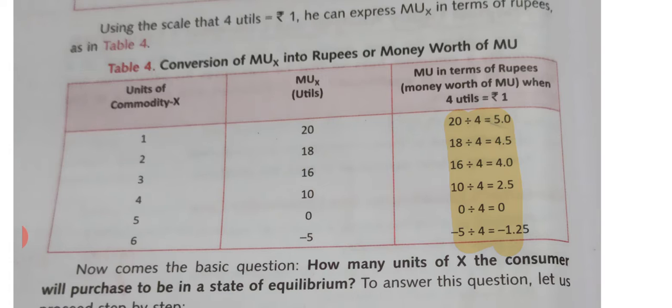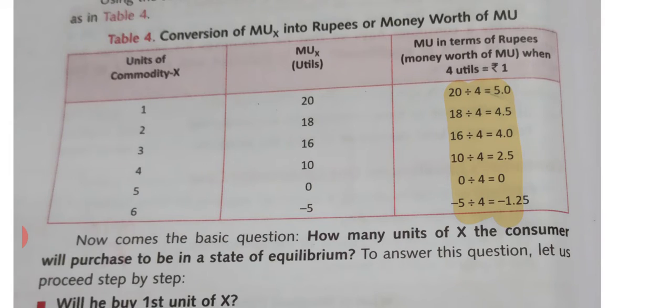Here you are spending 4 rupees to purchase a commodity, but you are getting the satisfaction level equal to the 4.5. Still you are spending less, but you are getting satisfaction more than your spending. So you will purchase more of that commodity because satisfaction level is still more than your spending. Now you will purchase third unit of the commodity.